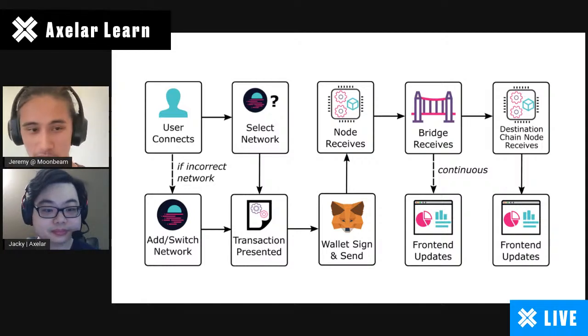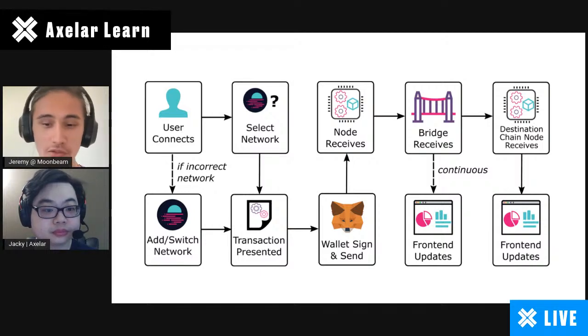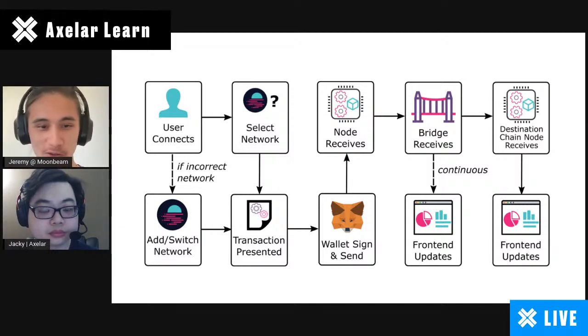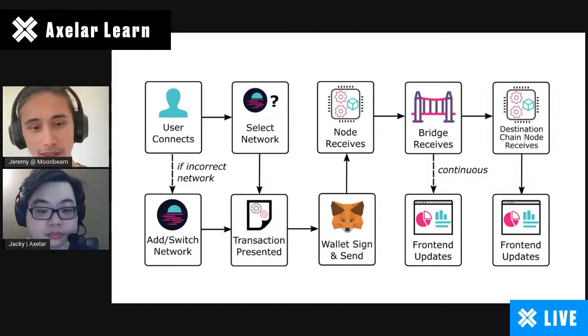Okay, so moving on. Next, a transaction can be presented to the user once you're connected to a network, and just like in a typical dApp, that transaction can be signed and sent to a node.